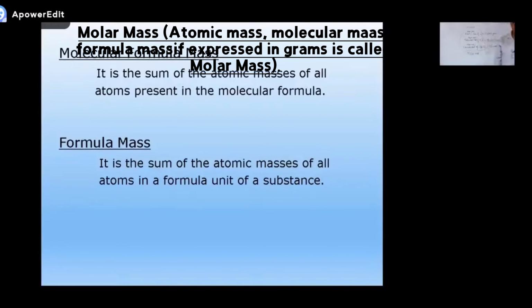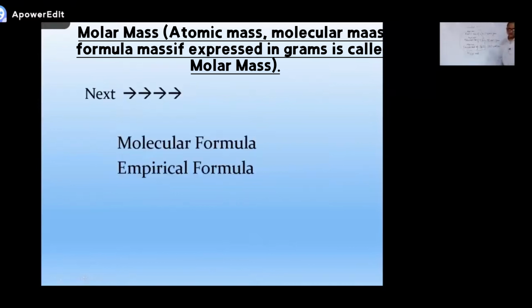Go through the book and see what is there, what is not there. Next is, again, a very simple topic, probably the second half of Monday's class: the molecular formula and empirical formula.